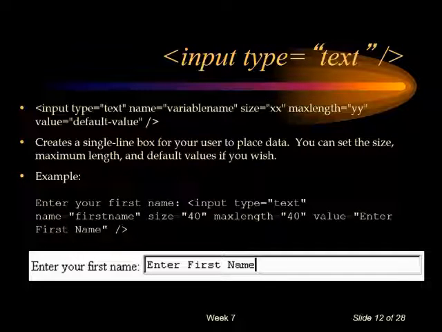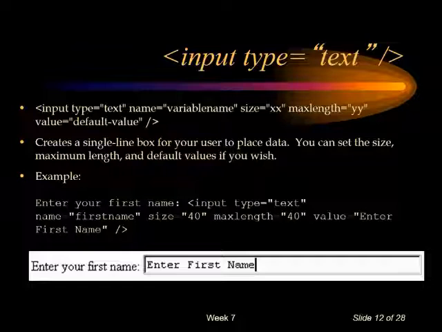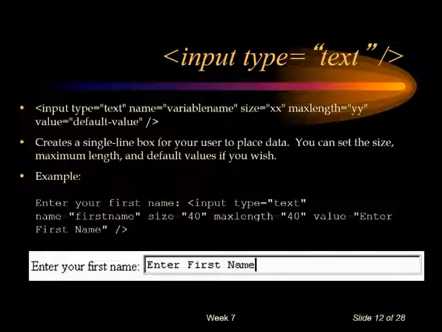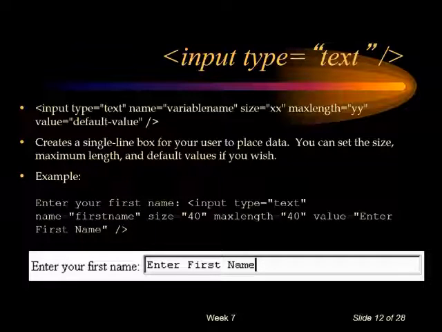This would be the number of characters that you want the box to be. Max length equals if you want to define the maximum number of characters that a visitor could type in. And value equals if you want to define a default value.